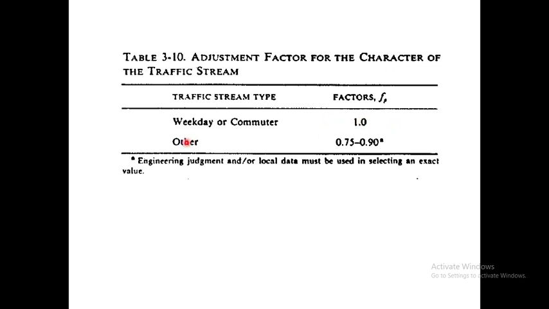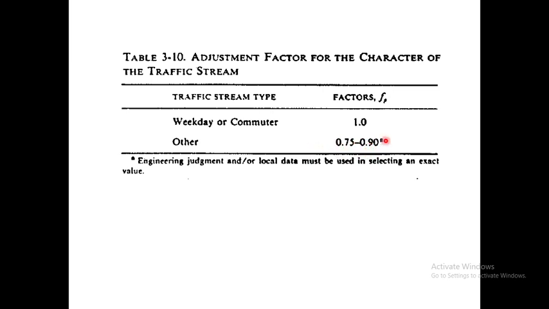Otherwise, you have to use a value between this range. It depends on the situation also. It depends on the condition on the road and depends on your engineering judgment. Okay, we will discuss this further, which value is better.